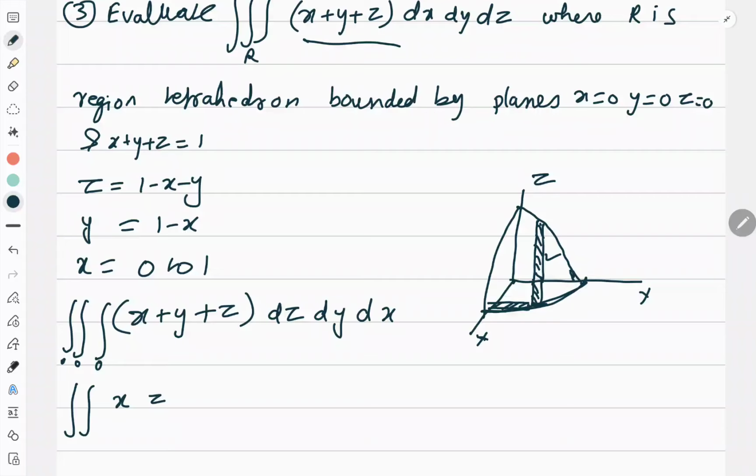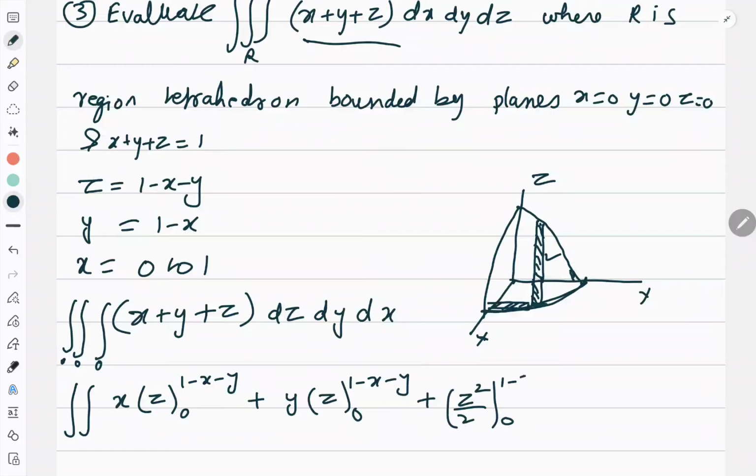So I'll get x z, limit 0 to 1 minus x minus y, plus y z, limit 0 to 1 minus x minus y, plus z square by 2, limit from 0 to 1 minus x minus y, dy dx. Now let's put the limit.